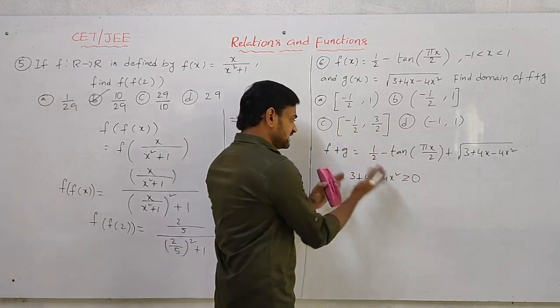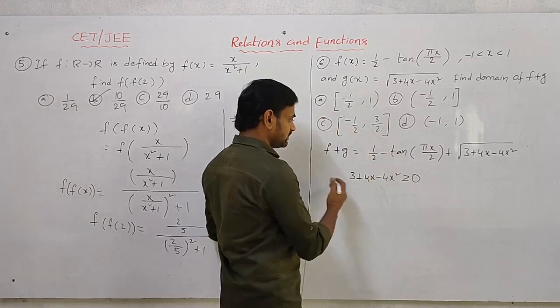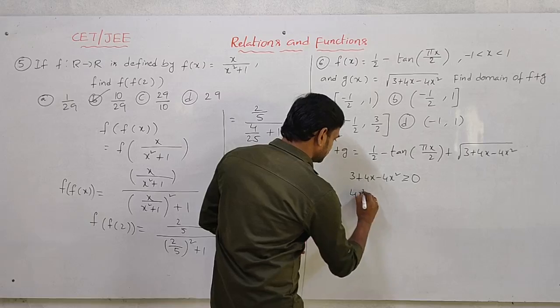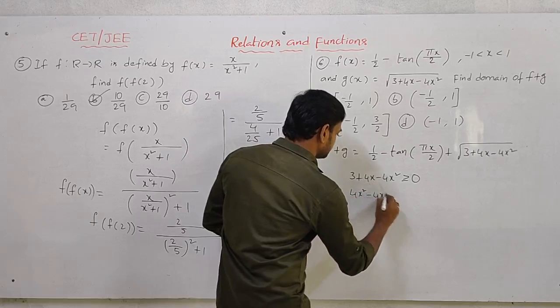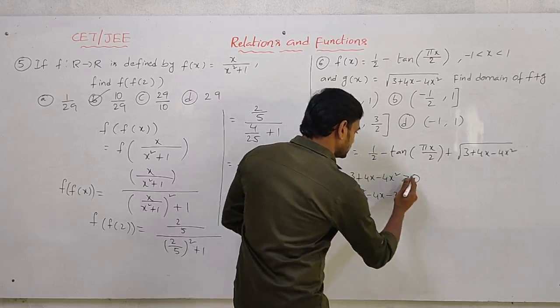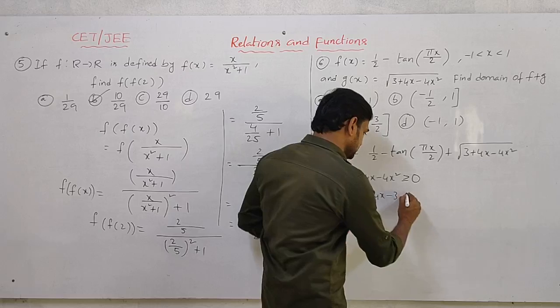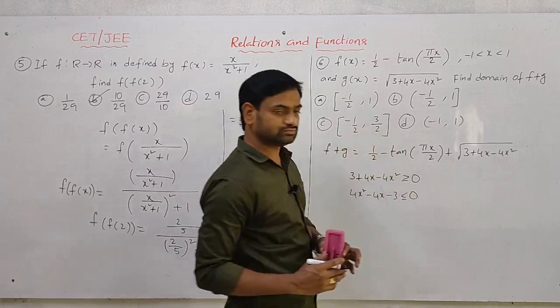Now I am changing the signs entirely, taking minus common. So it is plus 4x square, minus 4x, minus 3. When I took minus common, the sign changes, so that is less than or equal to 0.